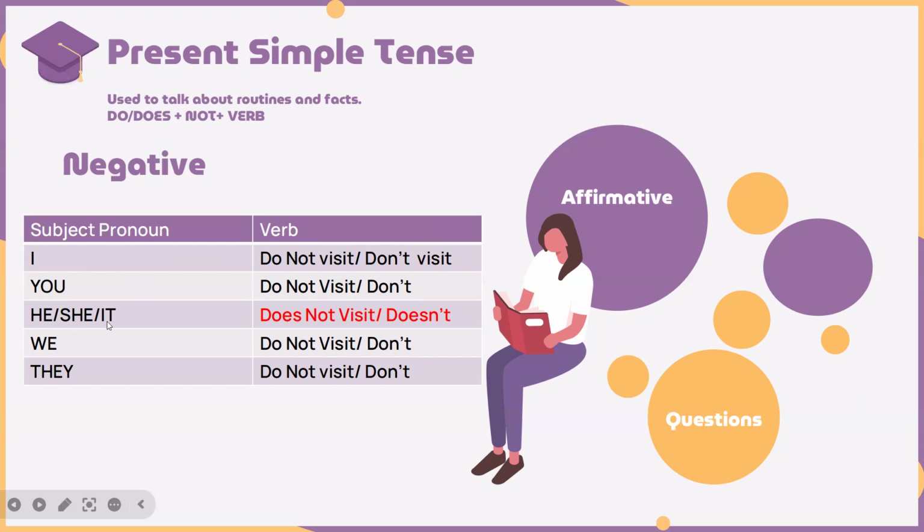For third person, he, she, it, we have to use does not visit or doesn't. So for all the other subjects, I, you, we, they, it's do not. Except for he, she, it, we have to use does not.